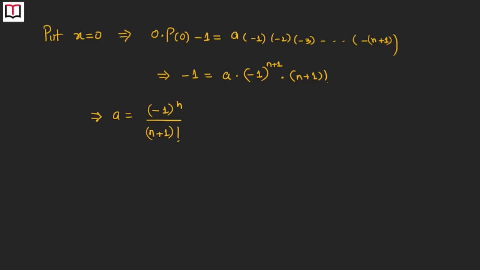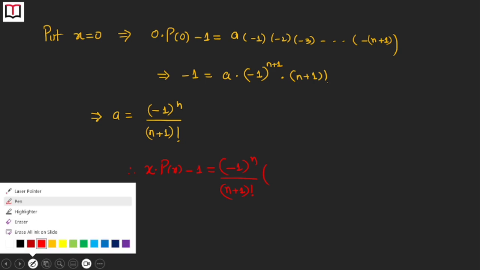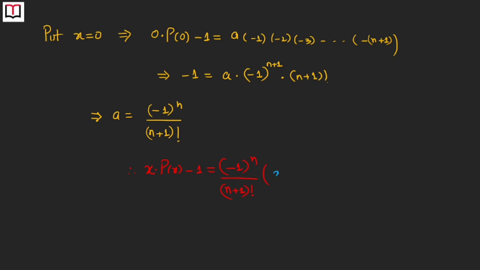Hence we got our polynomial. x into p of x minus 1 is minus 1 raised to the power n over n plus 1 factorial, whole multiplied by x minus 1 into x minus 2 and so on till the last factor x minus n plus 1.